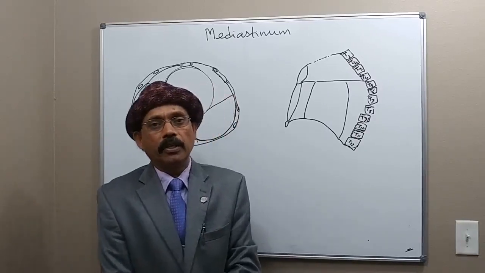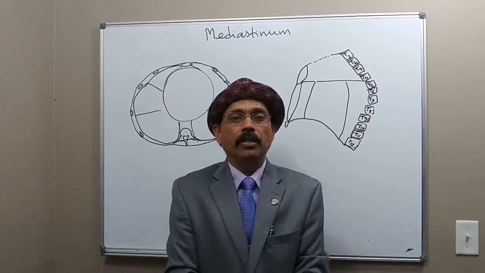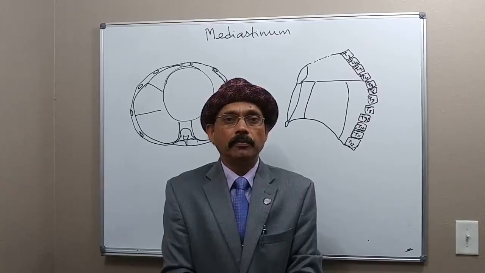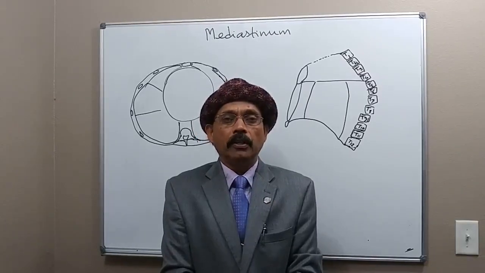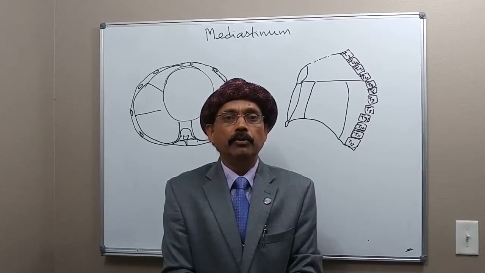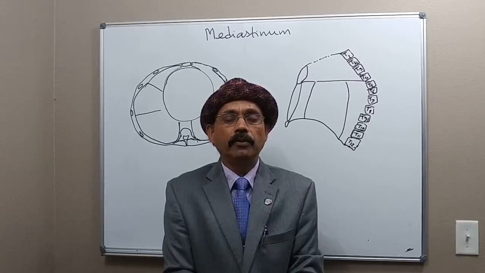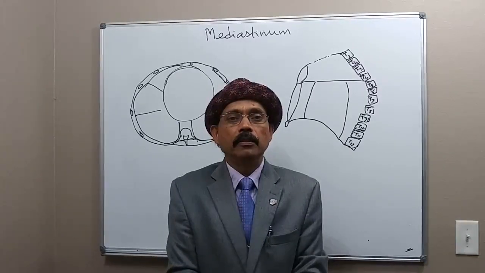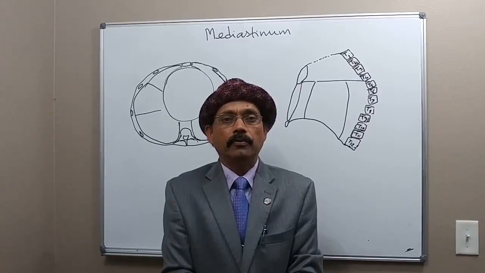Today I will discuss the anatomy of the mediastinum. What is the mediastinum? The mediastinum is the partition between the two lungs. It is the group of tissues present between the two pleural cavities. This is the median compartment of the thorax.